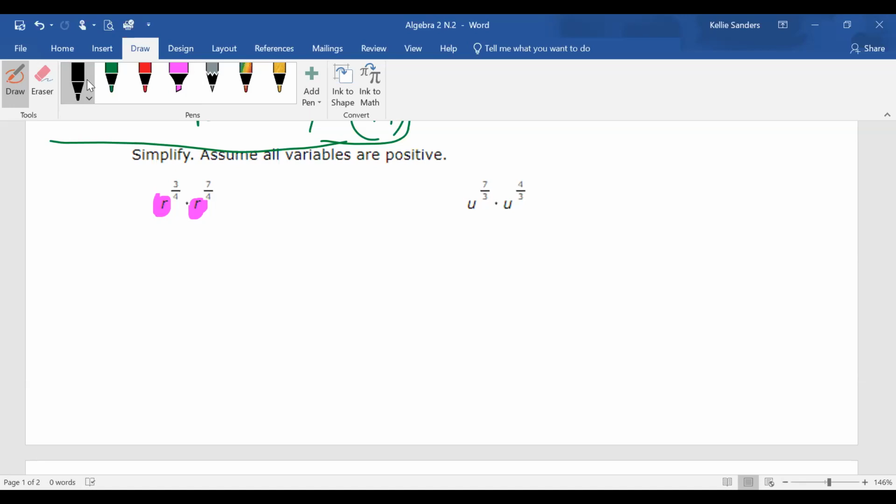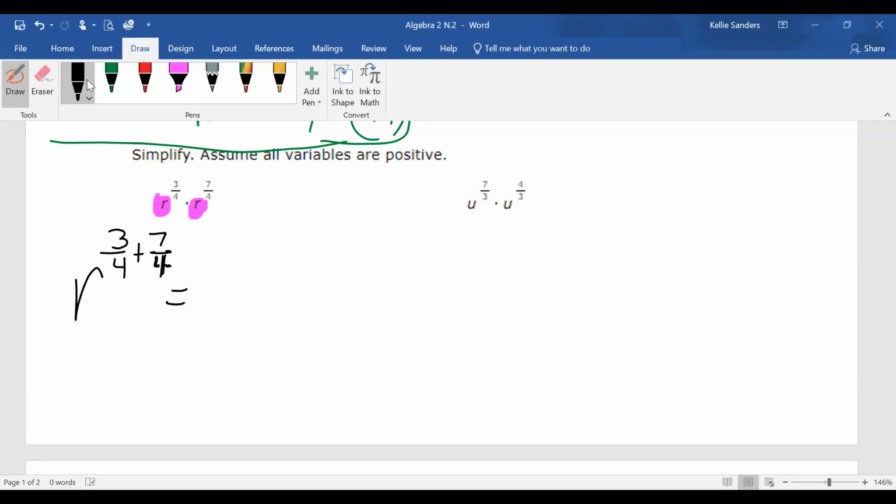Whenever the bases are the same, we're going to keep the base and we are going to add the exponents, because that's the rule of multiplying. To multiply bases, you add your exponents.